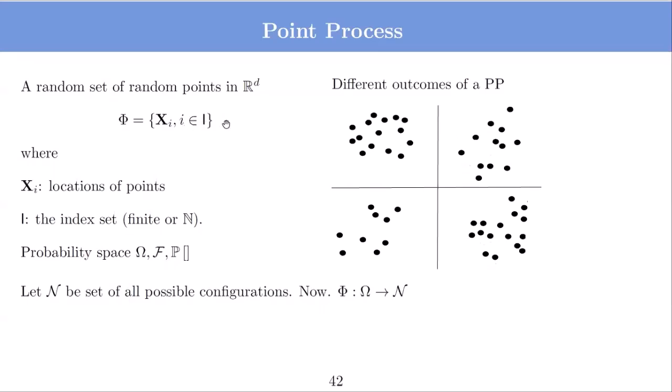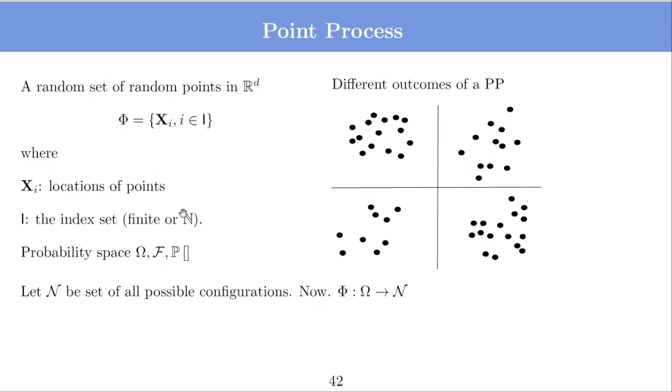Or I can be a finite set like 1, 2, 3, 4. Then this will be x1, x2, x3, x4. So Phi would be a set of 4 points. And each of these points, x_i, denotes the location of the ith point. And this is also random. So it's a set of 4 points, and each point is random.